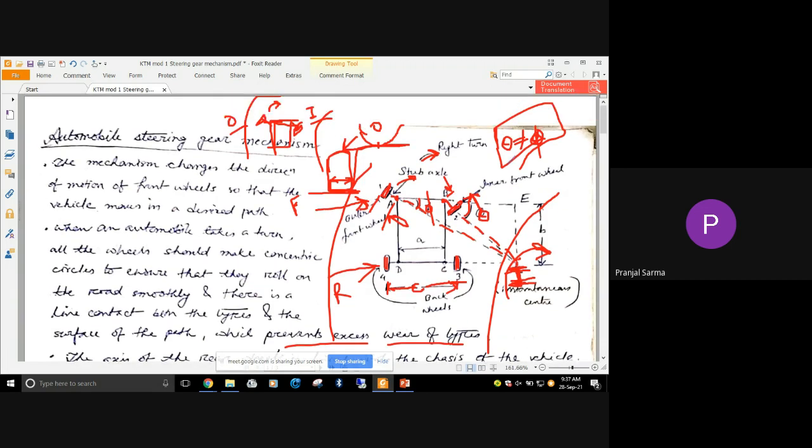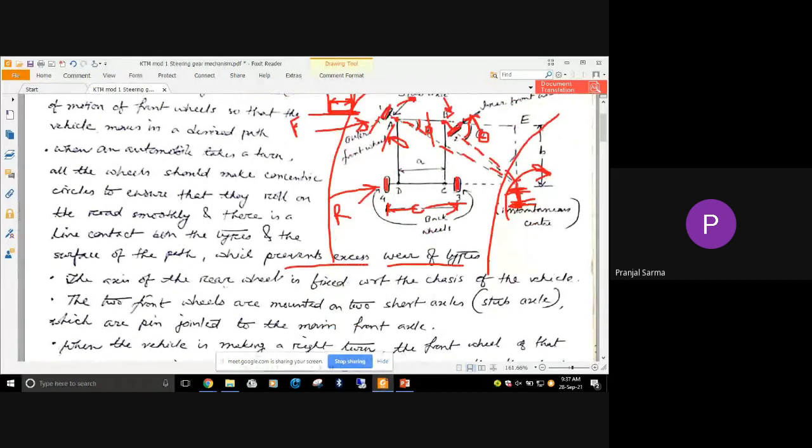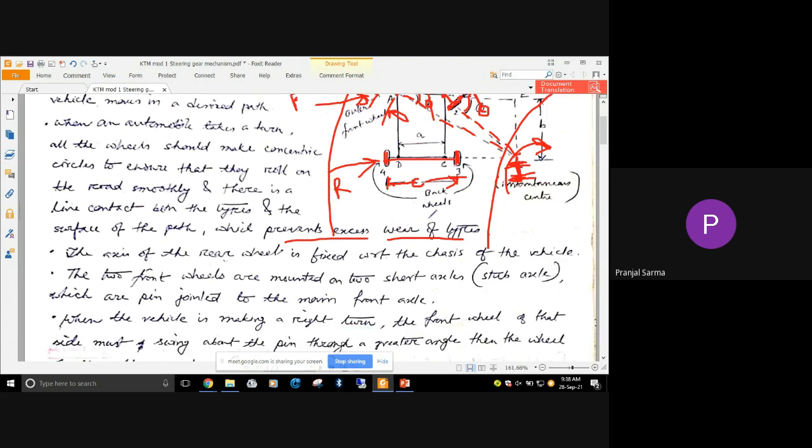Now we know they have to turn by some different angle. So for that, what happens? We know that the axes of these two rear wheels are fixed with respect to the chassis of the vehicle. To facilitate this different angular movement, the two front wheels are mounted on two short axles, and they are known as stub axles.